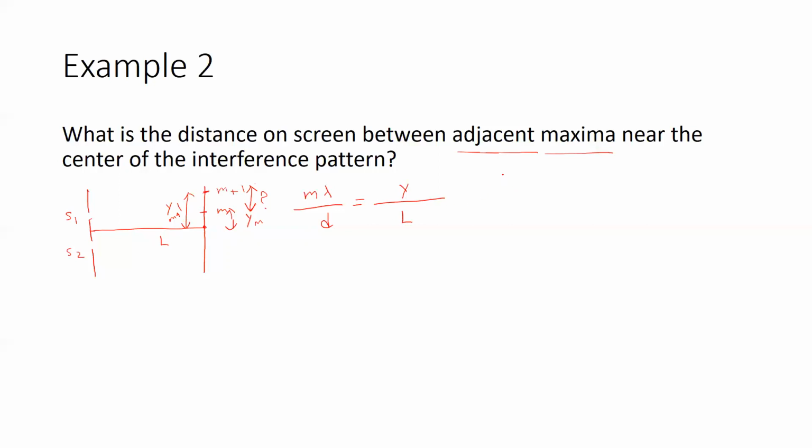For M plus 1, M plus 1 lambda divided by D equals Y M plus 1 divided by L. If I have Y M plus 1 and Y M, then I just deduct Y M from this one to find X, which is what the question asked.